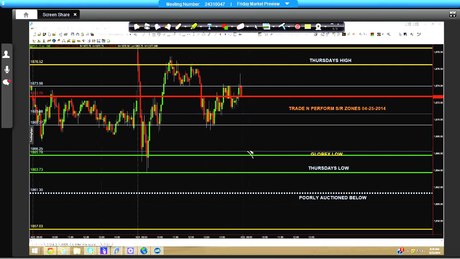So if you imagine overnight, we would have a big bar that would look like this, okay? What the market likes to do when we get these big bars like this is come back and re-auction those, okay? So keep that in mind. If we can't re-auction all of it, obviously half gap would be the first indication of extended weakness, okay?